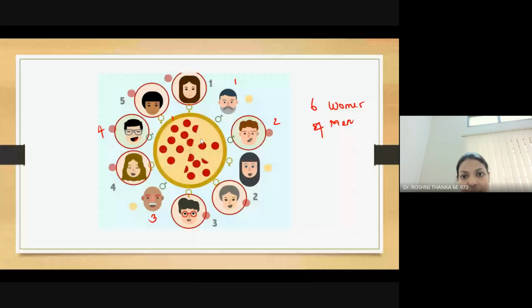Out of these 3, 2 are men and 1 is a woman. So this is our sample space. Now from this experiment, we will learn the types of probability: marginal, joint, and conditional.